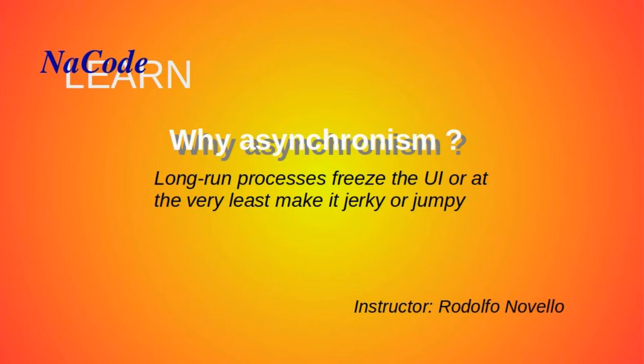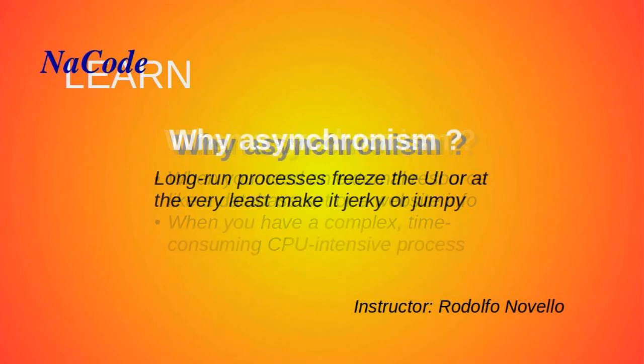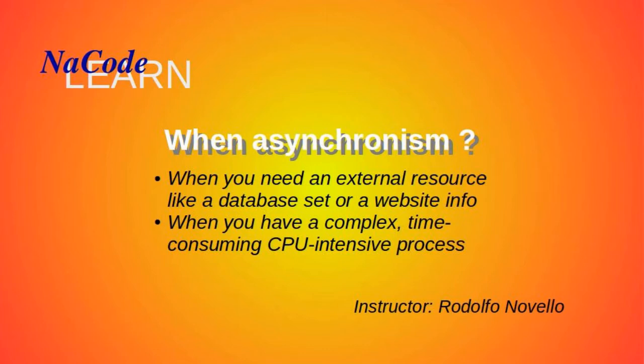I'm talking about processes that take longer than 20 milliseconds, which you as a user can't perceive. Those processes are good candidates for running asynchronously. Internet processes, of course, take much longer than the 20 milliseconds we're talking about.